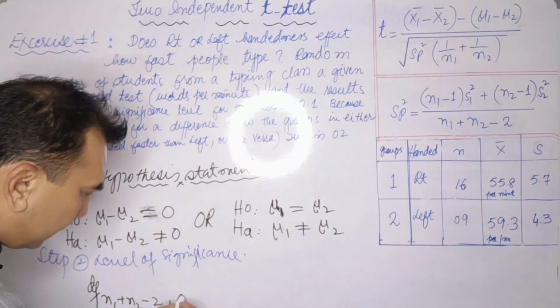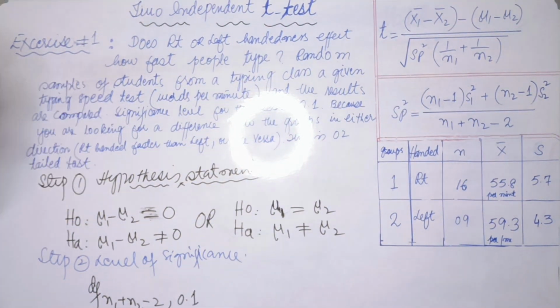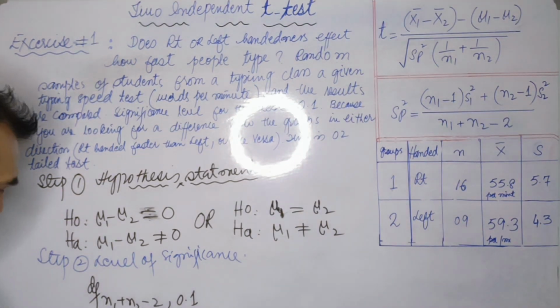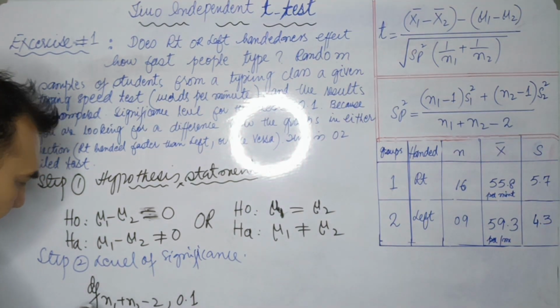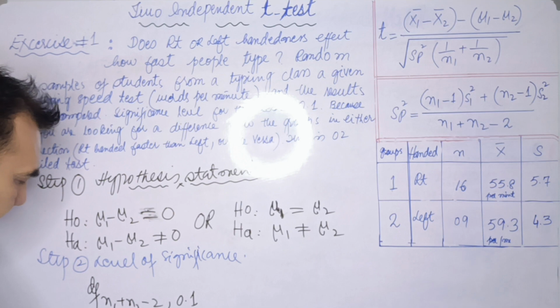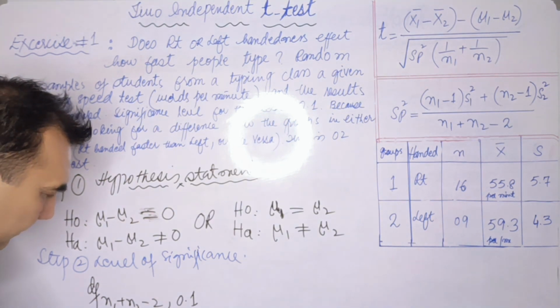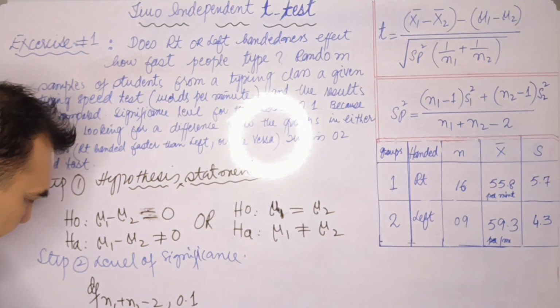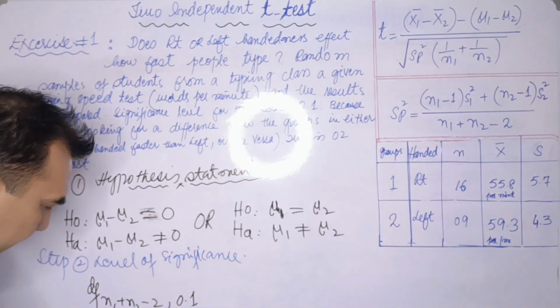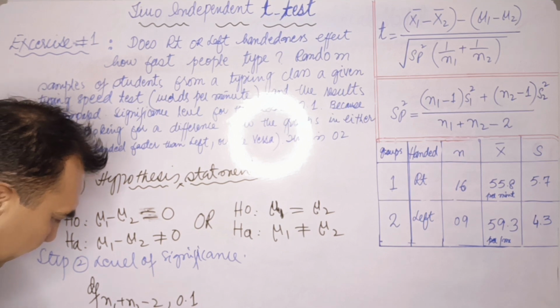Then we will look at 0.1. Now in the degree of freedom, n1 is 16, n2 is 9, n minus 2. How much? 25 minus 2, so the degree of freedom is 23.